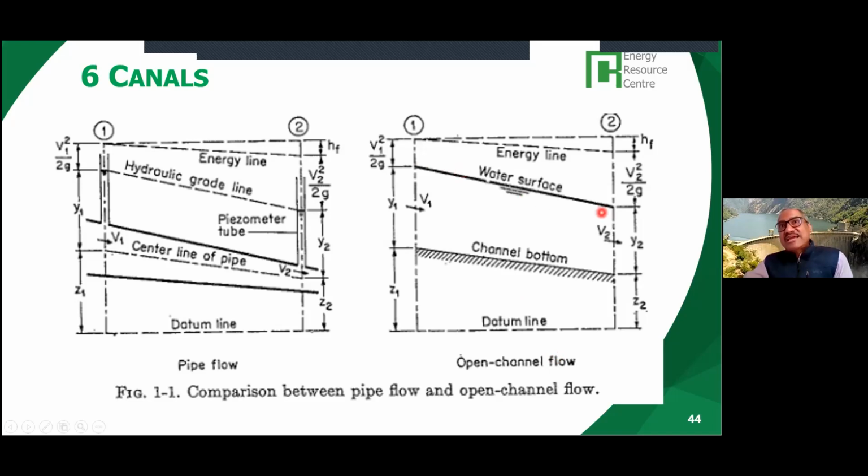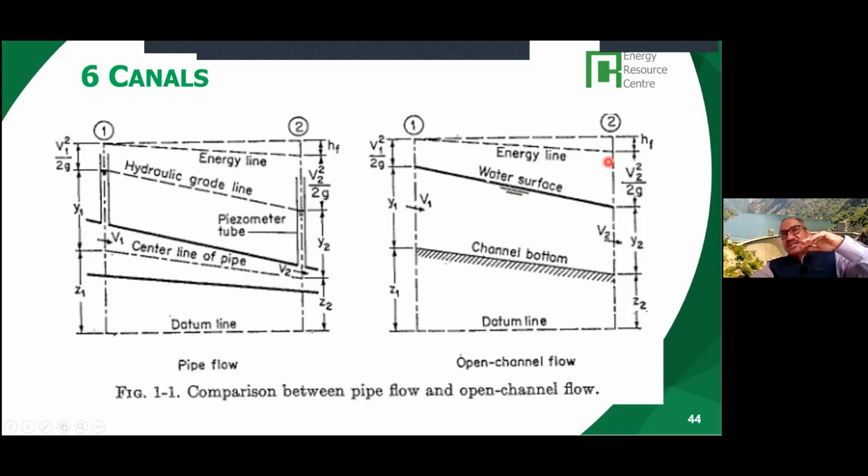Okay, in open channels and canals, the pressure at the surface of the water is 0. But in a pipe, there is pressure. So there is what is known as the piezometric hydraulic pressure inside the pipe. Whereas in the channel, the water surface is the hydraulic head.